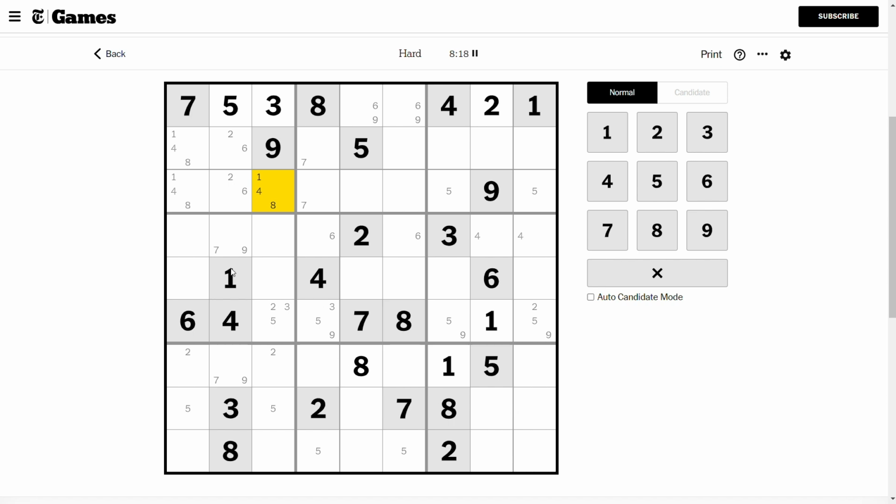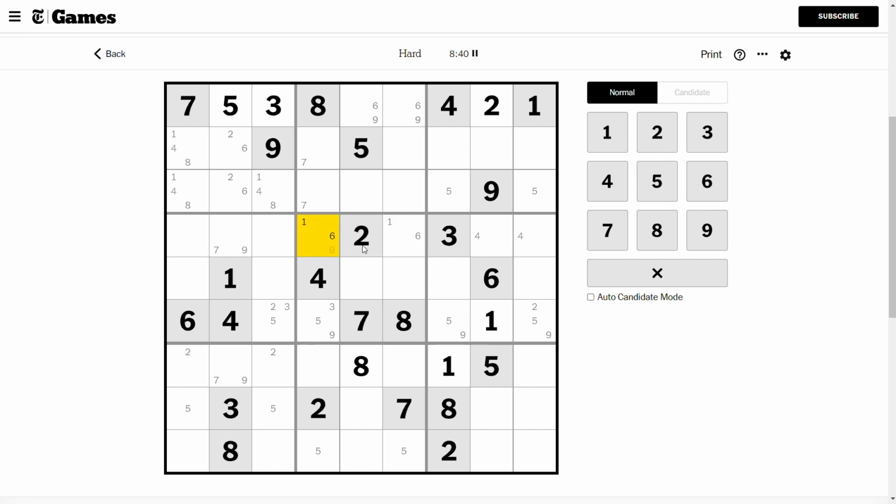Okay, these ones force the digit 1 into one of these 2 cells in block 5, and these 2 cells form a 1-6 pair. Because in block 5, the digits 1 and 6 are missing, and because of these 1s and 6s, both 1 and 6 are forced into one of these 2 cells only, and they share the same 2 cells.